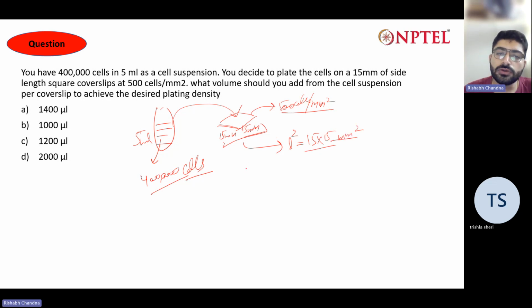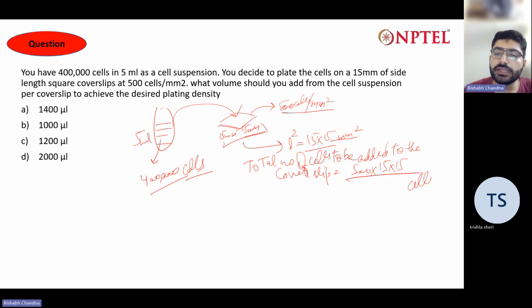Now the total number of cells to be added to the cover slip would be 500 into 15 into 15. These many cells we need to add on this particular cover slip.